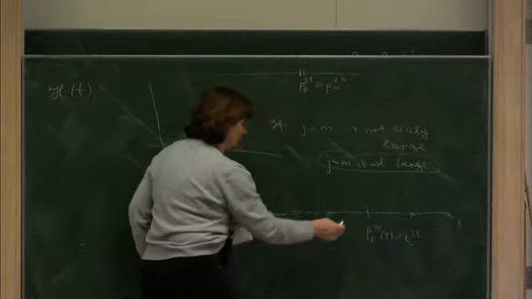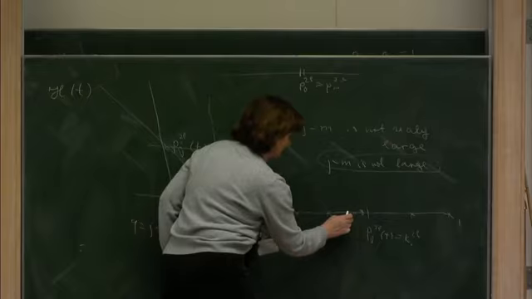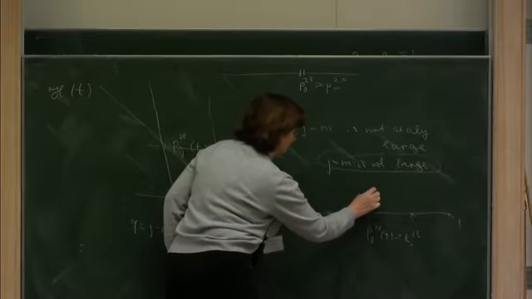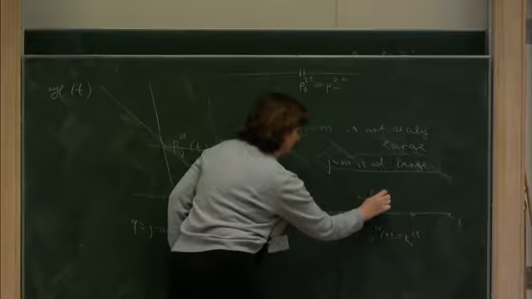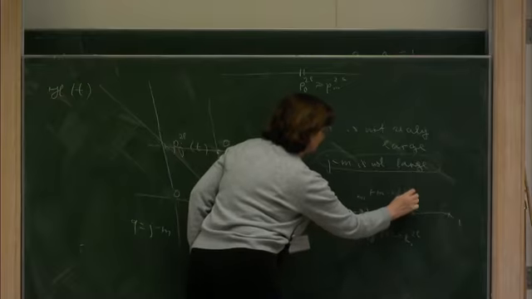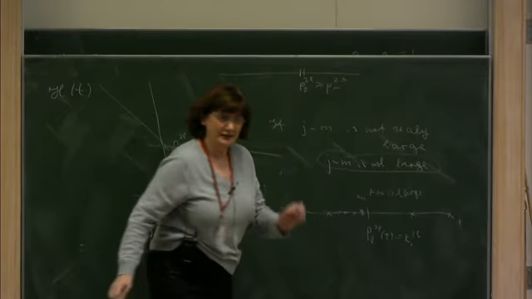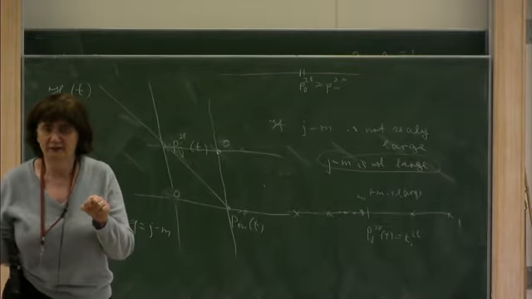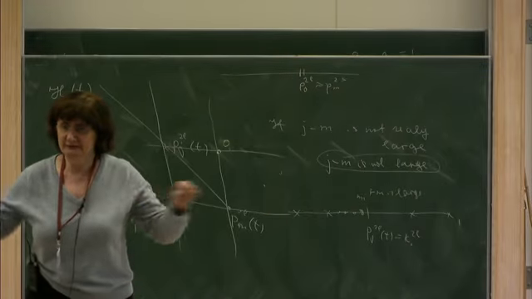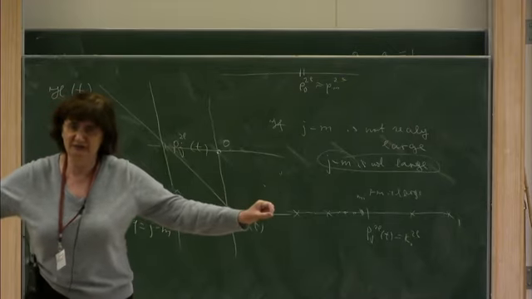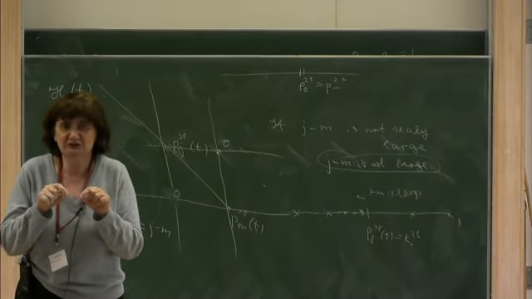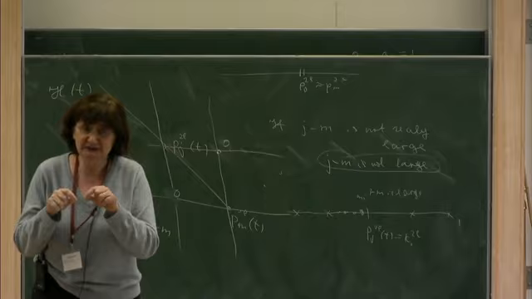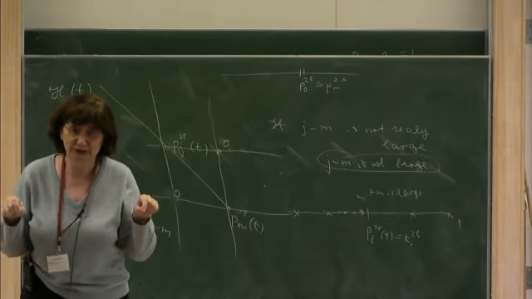But those who are close have m such that j minus m is large. So the game goes like this. If the interaction is strong, we want eigenvalues to sit far away. If the interaction is very weak, they can sit pretty close to each other.